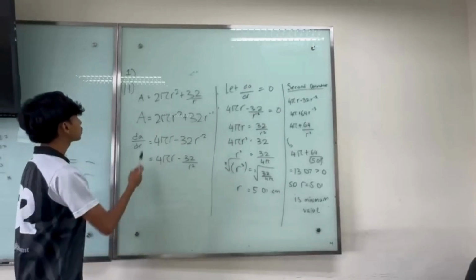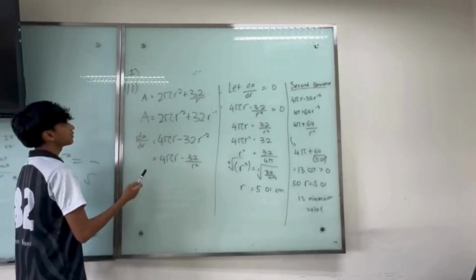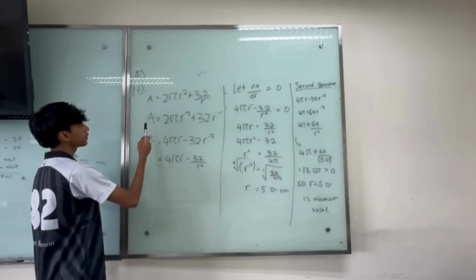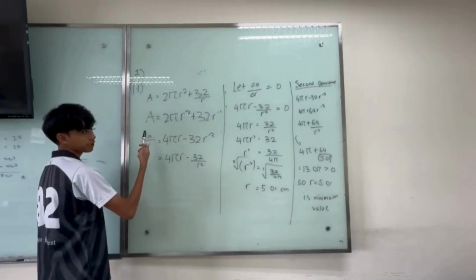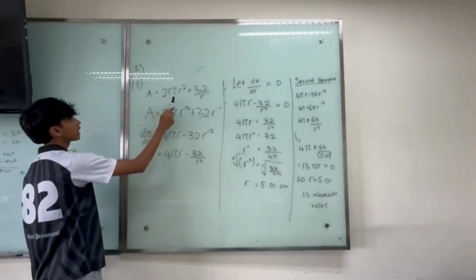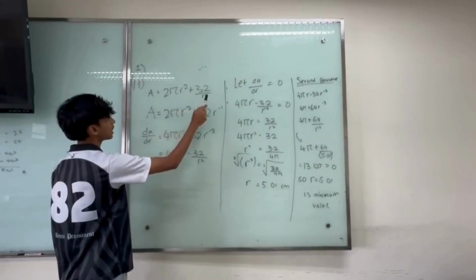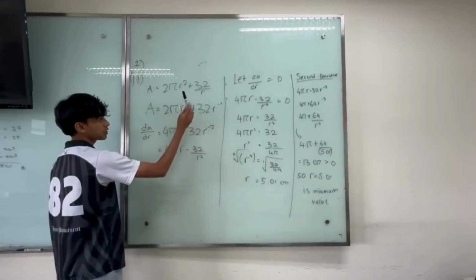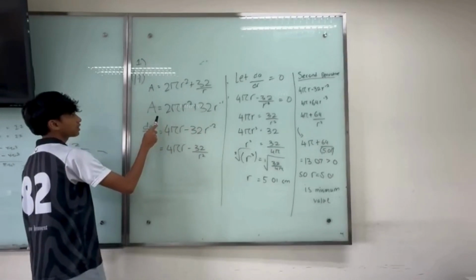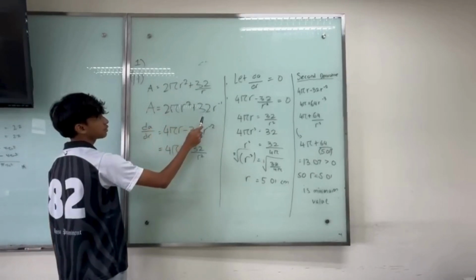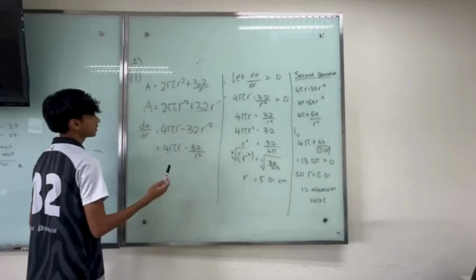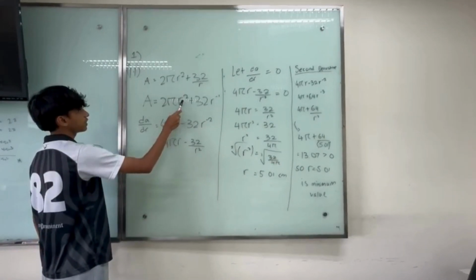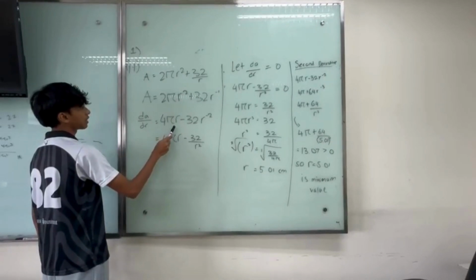For the first question for Roman 2, first we need to put the equation for surface area that we found in Roman 1, which is 2 pi r squared plus 32 over r. And then we rewrite the r upward, so we get 2 pi r squared plus 32r to the power of negative 1, and then we can differentiate it. 2 times 2 gives 4 pi r.